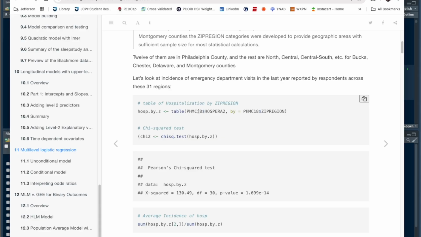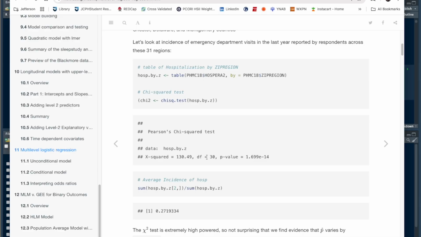This is basically tabulating the number of people who had an emergency department visit by zip region and performing a chi-square goodness of fit test on that. The null hypothesis would be that the number or proportion of people with ED visits is constant across zip region, which will probably be false on the face of it.